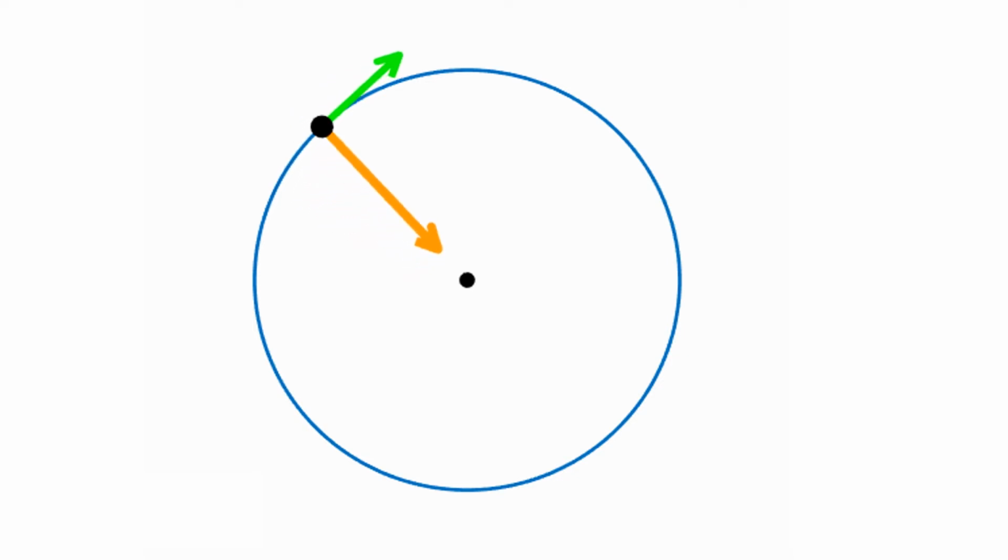We stopped last time looking at a picture like this, and I did a demo with some water and a different demo with the tennis ball. Looking at a picture like this, the orange arrow is the inward force.